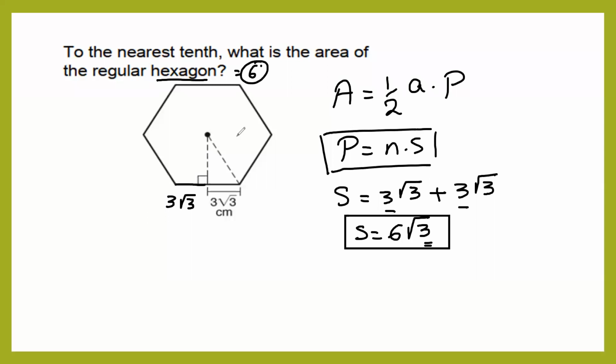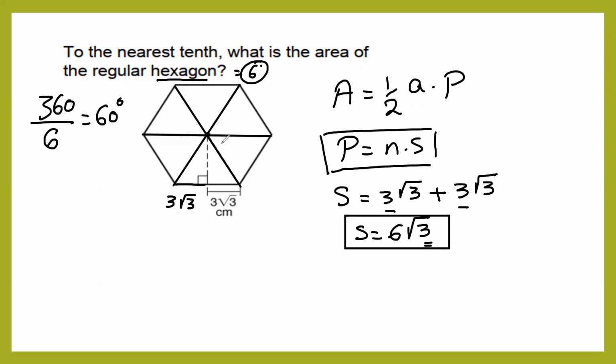Look at the next important thing, which is that we know the diagonals divide the hexagon into 6 equal triangles, right? That means for each triangle we need to know the angle. I have to divide 360 by 6, which equals 60 degrees.